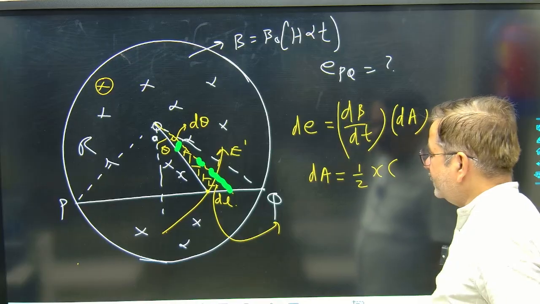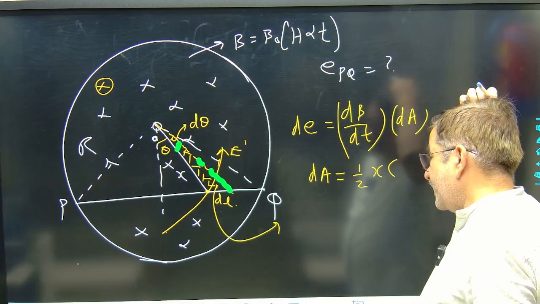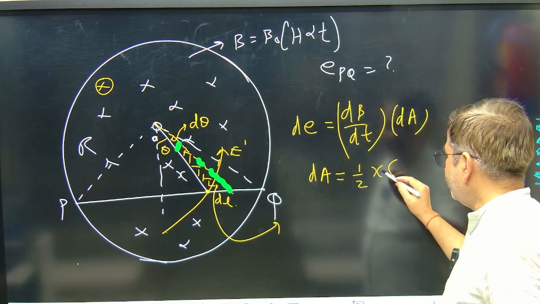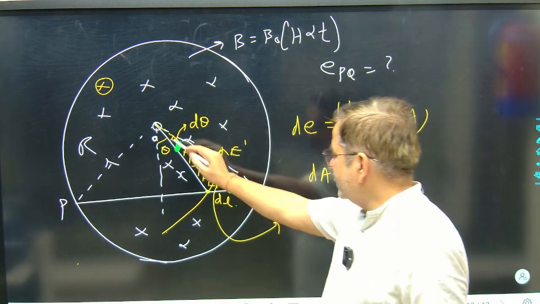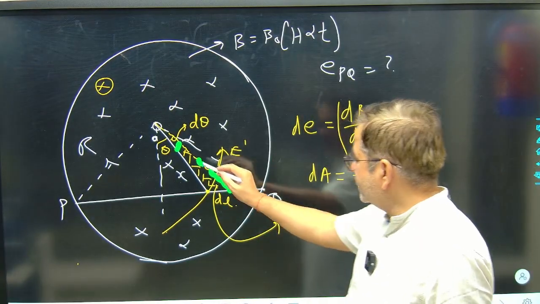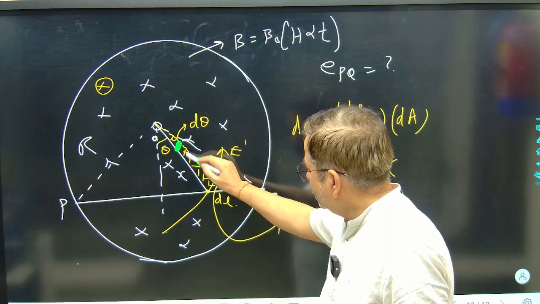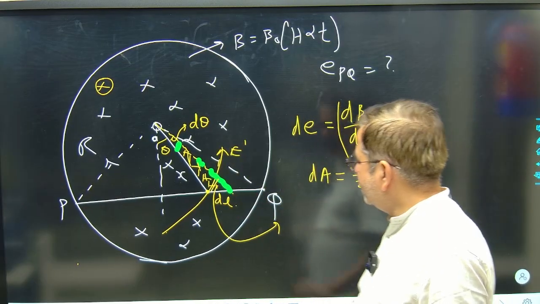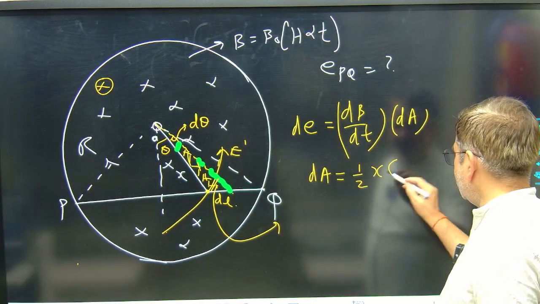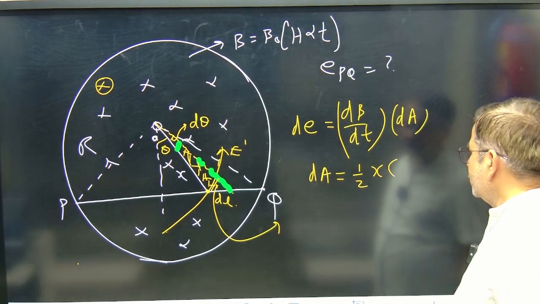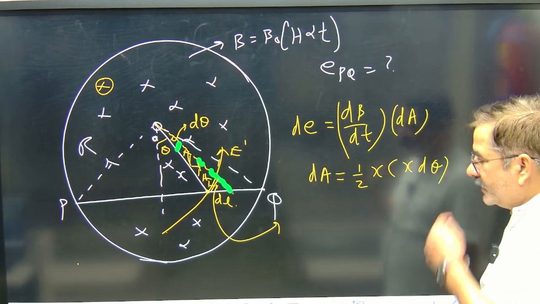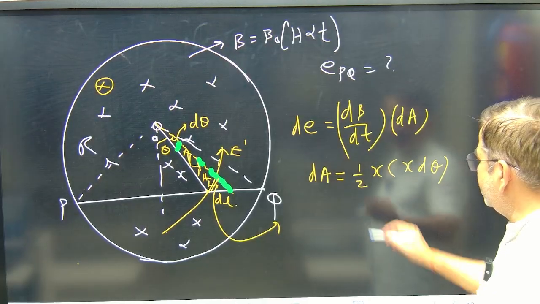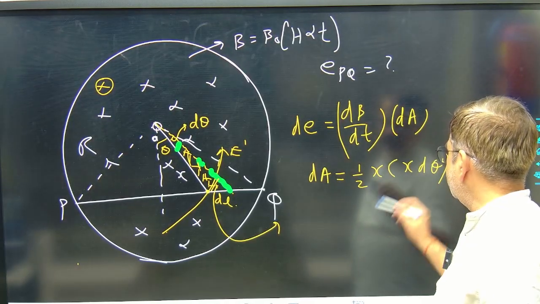So the area will be half of X into this X into d theta, because this small angle is d theta. Area bound will be half of X into X d theta, correct. Half X squared d theta, this result will give you the area bound.